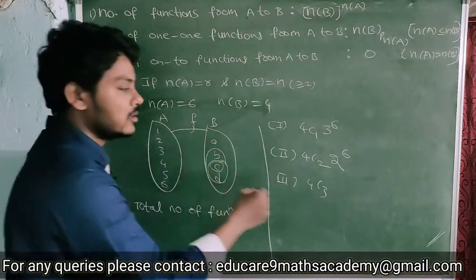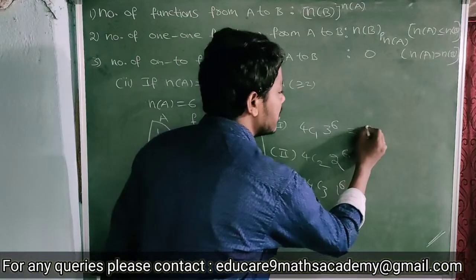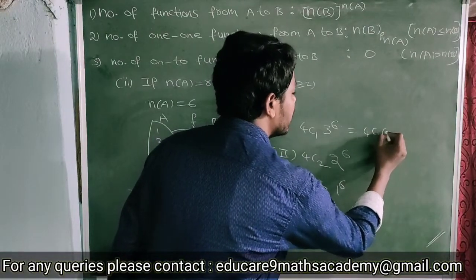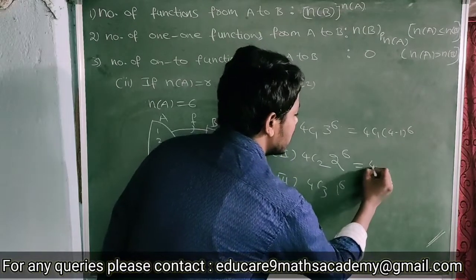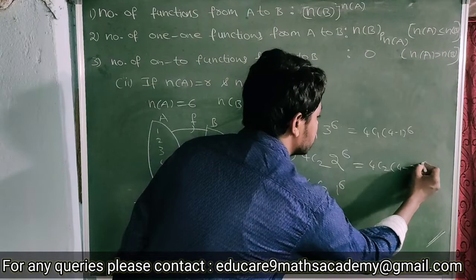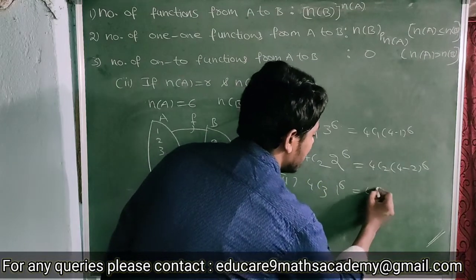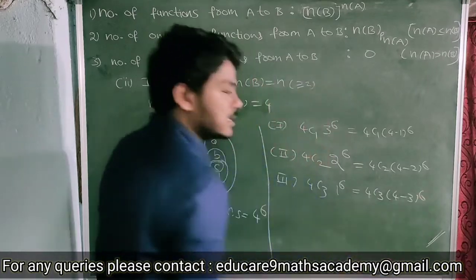The remaining element is 1. So write 1 power 6. So this is written as 4C1, 4 minus 1 power 6. This is 4C2, 4 minus 2 power 6. This is 4C3, 4 minus 3 power 6.